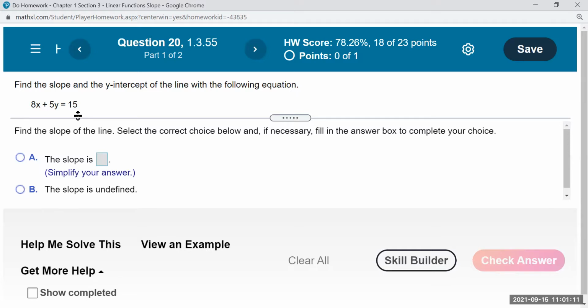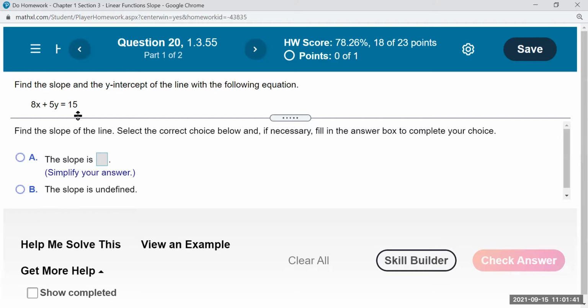What's the slope here? To find the slope, what do you have to do? Yeah, solve for y. Because this is in what form? That's in standard form.